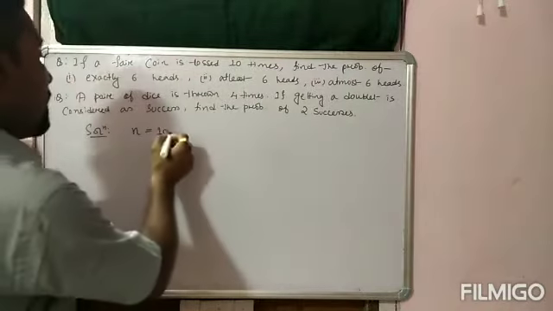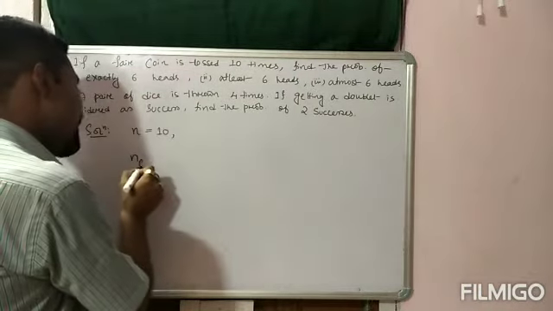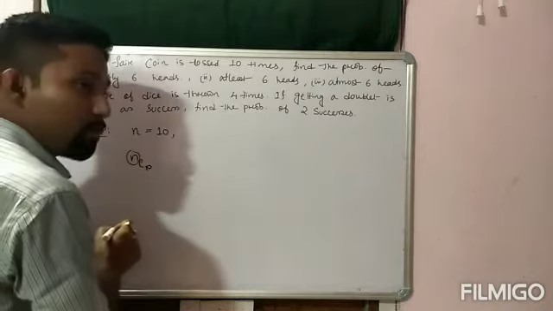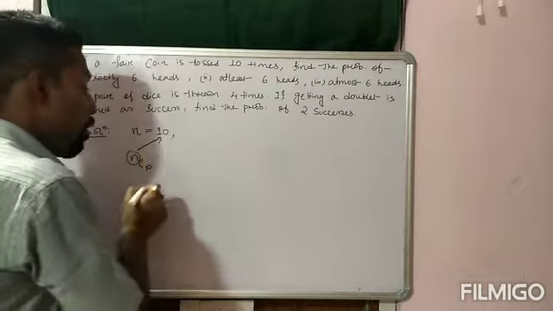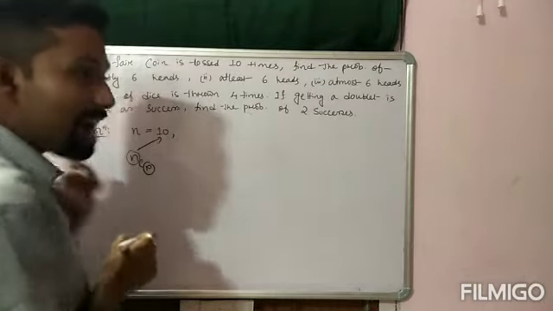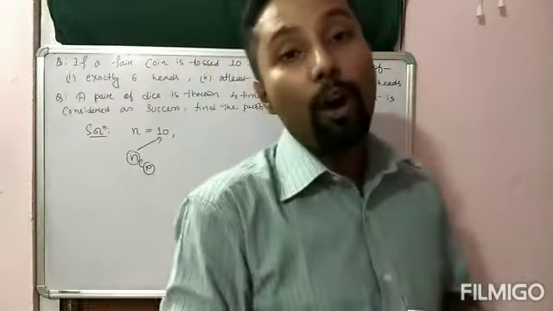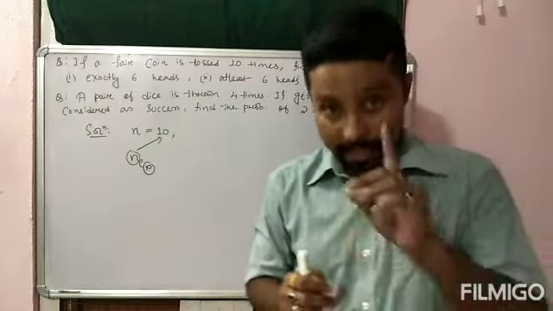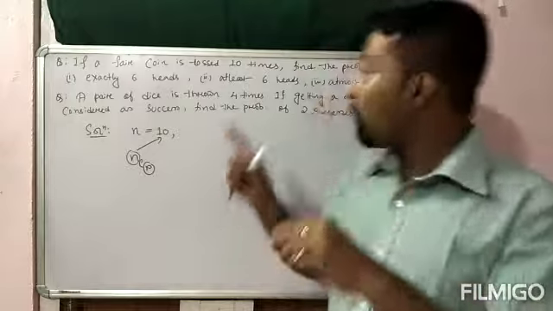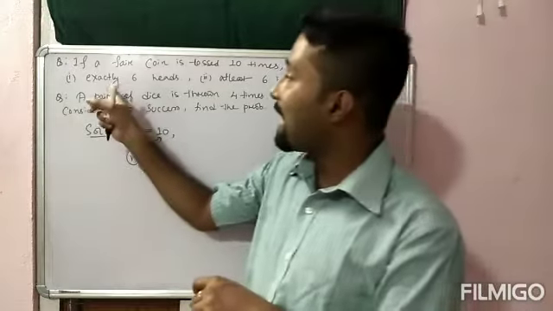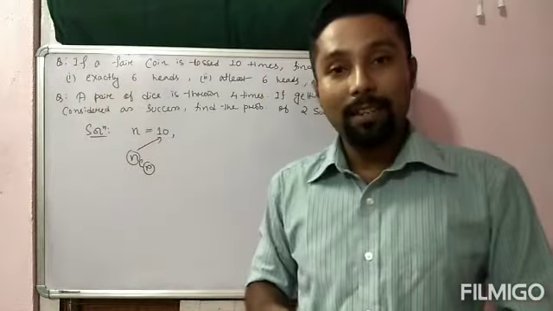Okay, what is the meaning of nCr? n means the total number of objects. Here the coin is tossed 10 times, so that's why we know the value of n. What is the meaning of r? r means at a time how many objects we need to take. Here the coin is tossed 10 times and you are asked to find the probability of getting exactly 6 heads.